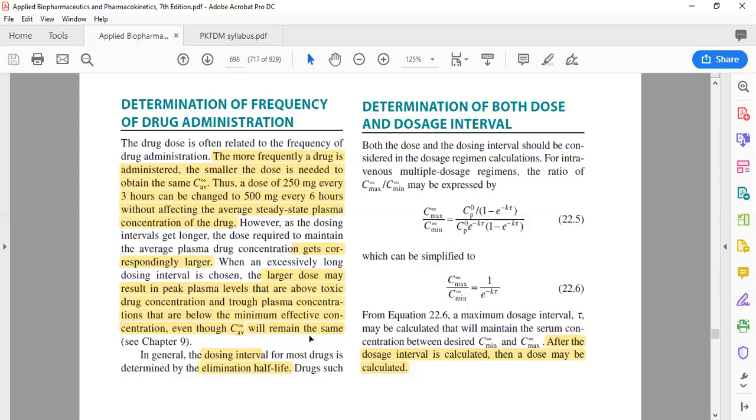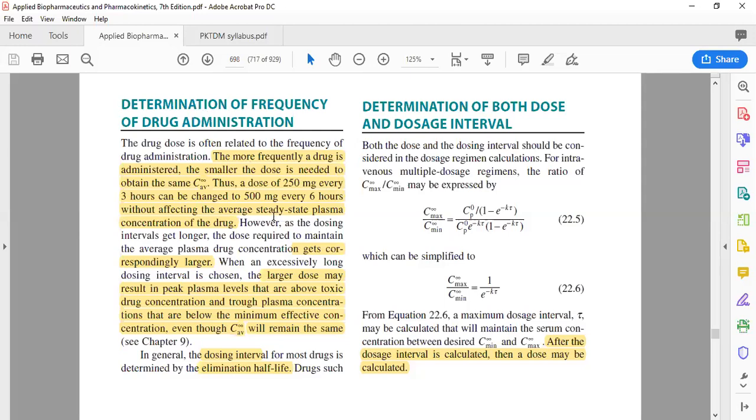This is what I was explaining on the whiteboard. The example of C average of 100 can be achieved by C maximum of 175 and C minimum of 25. So here 25 may be lower than the minimum effective concentration, and 175 may be higher than the maximum safe concentration.